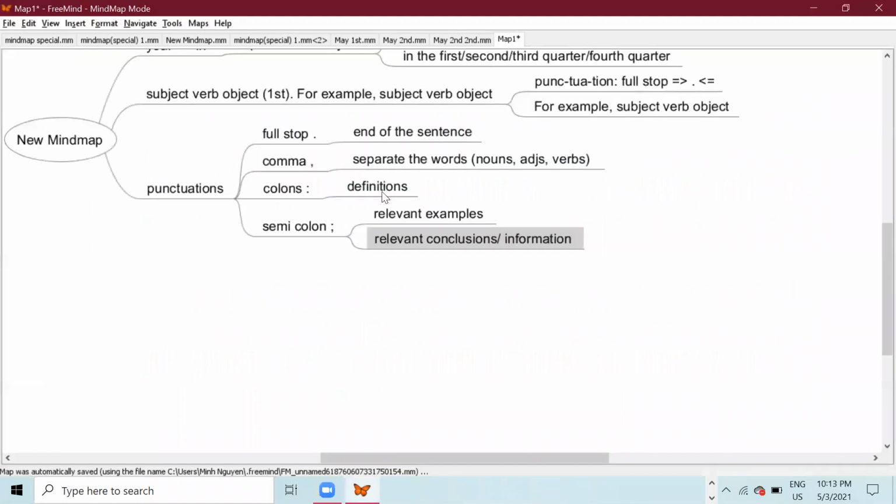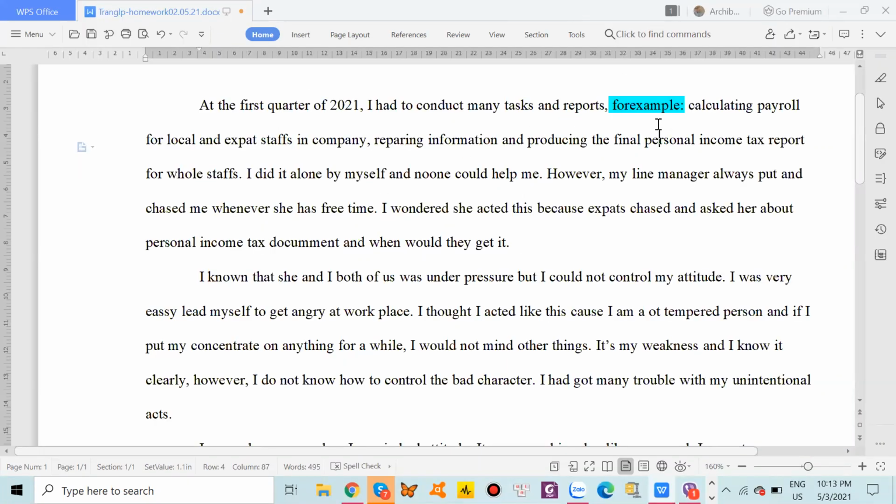So right here we have some common punctuation in writing: full stop, comma, colon, and semicolon. So here are the ways for you to use the punctuation in writing. Let's get back to your handwriting. Here, please use "for example" to begin a new sentence.